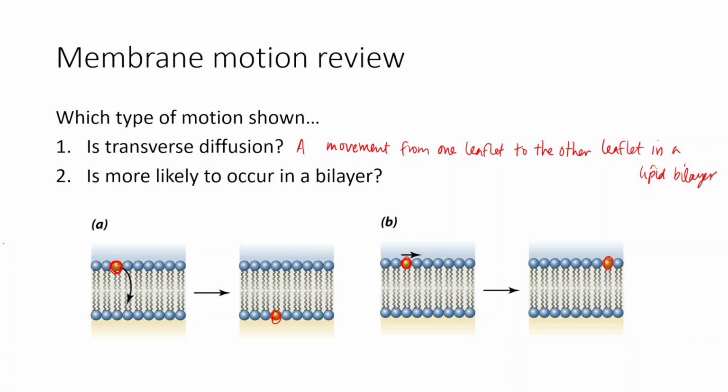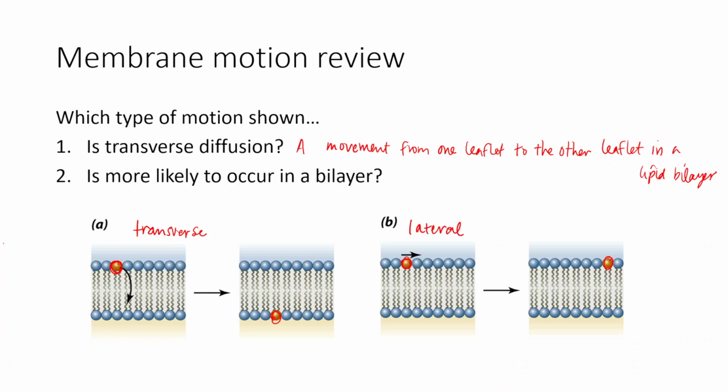So now you know which one is transverse. What is the other type of movement called that we see in choice B? Yeah, lateral movement, so movement from side to side.